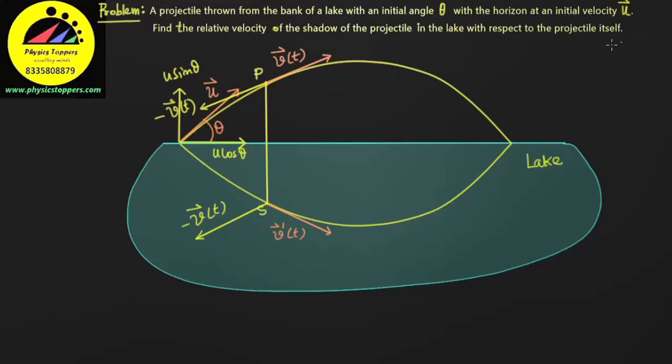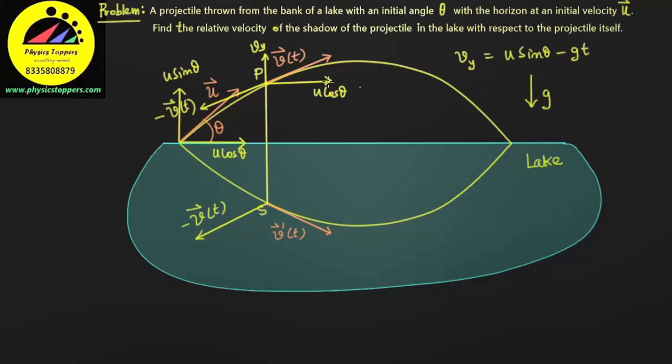Now u cosine of theta doesn't change, but u sine theta definitely changes. How? Suppose this is v of y, so v of y will be u sine theta minus gt, as g is the field acting down, correct?